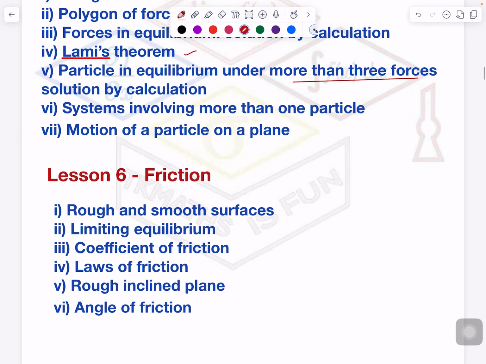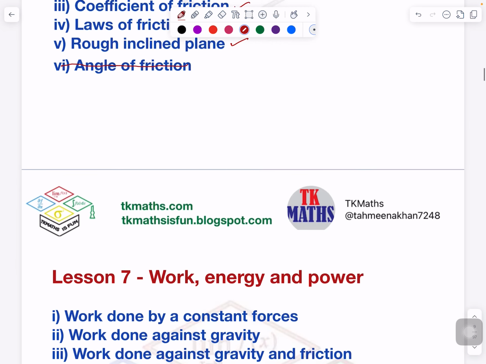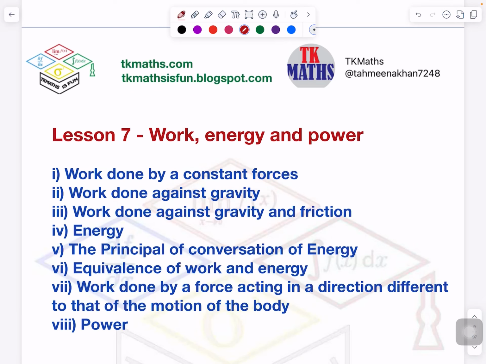Then about friction, which is lesson number 6: rough and smooth surfaces, limiting equilibrium, coefficient of friction, laws of friction, rough inclined plane. Angle of friction is not part of the course, right?